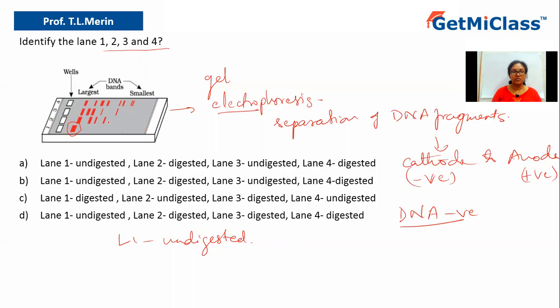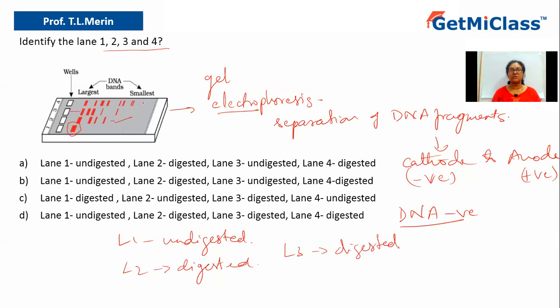Lane 2 is, of course, digested because you can find fragments. Digested means treated with restriction enzymes. In lane 3, you can see the various bands, and lane 3 is also digested. Lane 4 is again digested because you can see several bands.